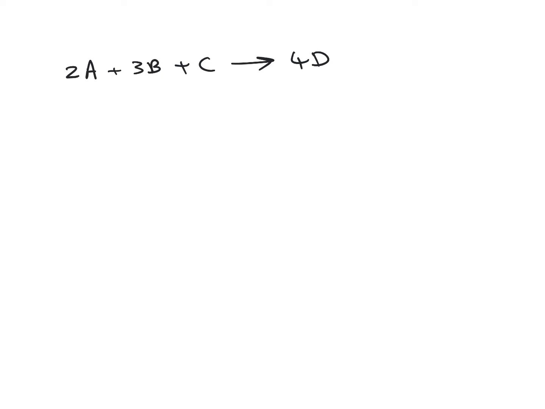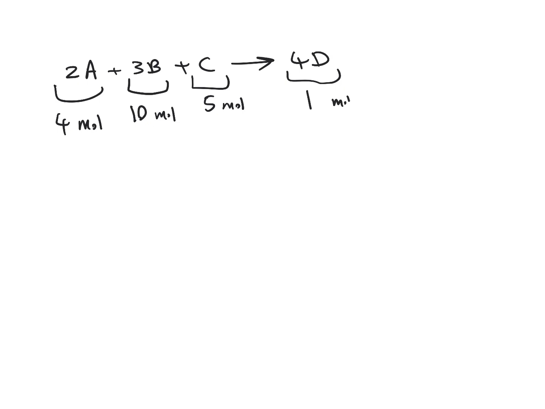And I tell you 4 moles of A reacts with 10 moles of B and 5 moles of C and generates 1 mole of D. What is the actual yield? What is it? Exactly. Actual yield I should give you.